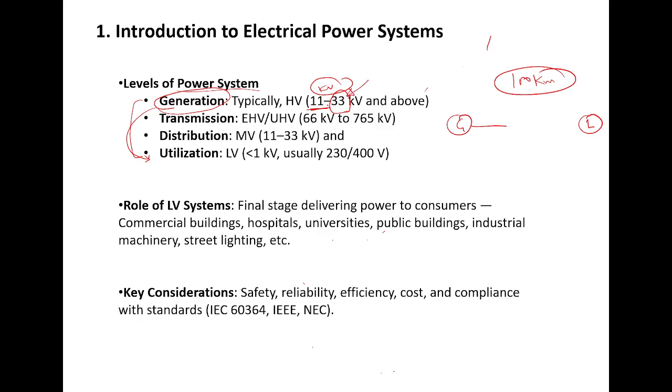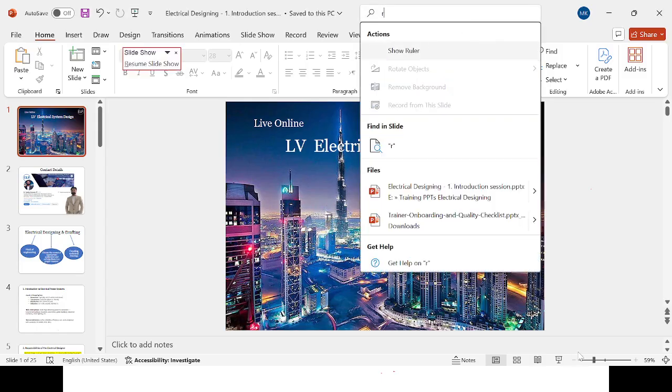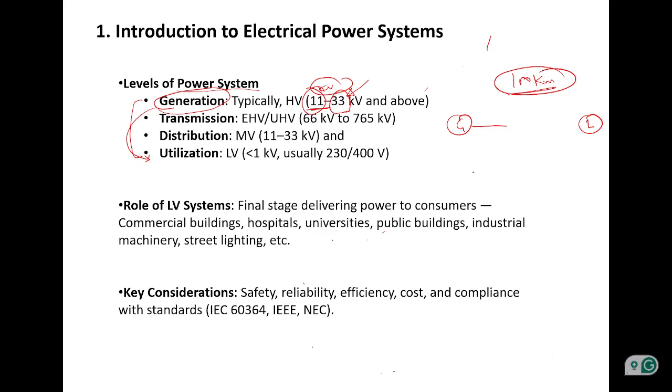So this is the generating stage, but we can't transmit electricity generated at 11 kV up to 100 kilometers, because if we transmit it that far at this voltage level, what will happen? The current value will increase. When the current value increases, obviously the conductor size will increase, the tower size will increase, losses will increase, and efficiency will decrease.